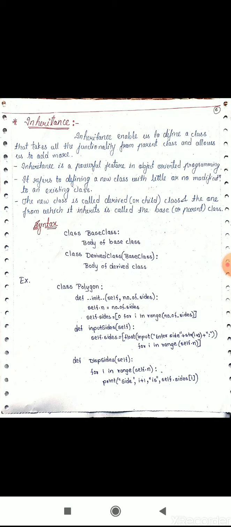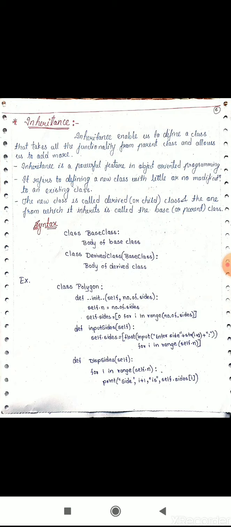So while making a class of a triangle, a square, a rhombus, a parallelogram, etc., these two functions will be compulsory. When I create new classes, I need to write these two methods again and again. So definitely it is redundancy, that means I have to write repeated code for these things.